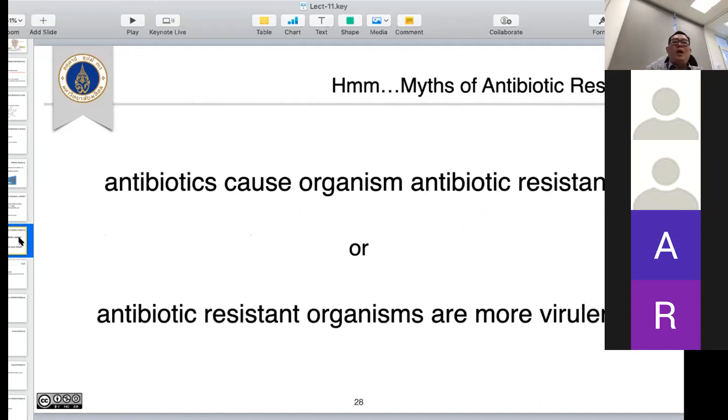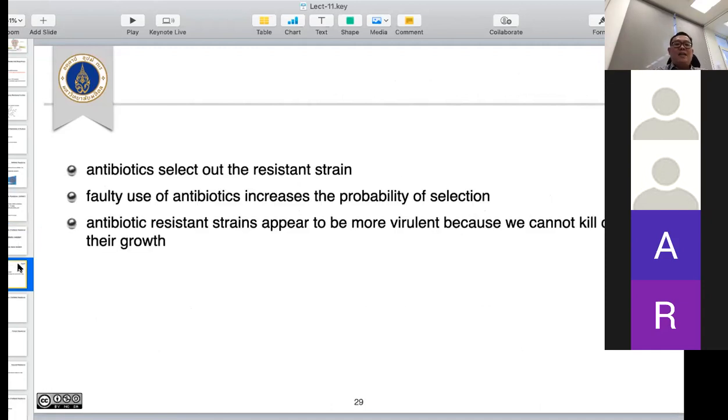We don't know which one is correct, but the fact is that antibiotic can be a selective pressure on bacteria, and only resistant strains can pass through the pressure. That's the fact.